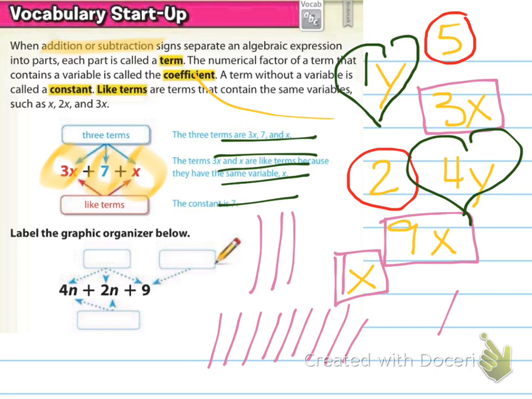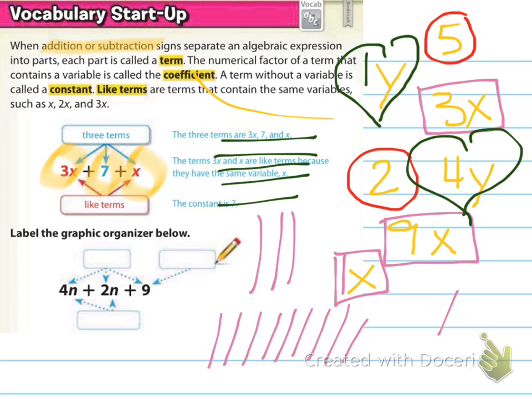I can't put them together. They'll make hashtags. So I can't put those together either. So I want you to see that these are different terms, different variables. We have constants, we have variable y, we have variable x, and we can't combine unless they're the same term, the same variable.